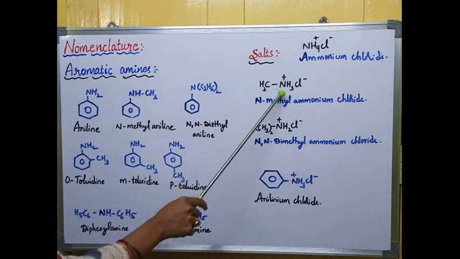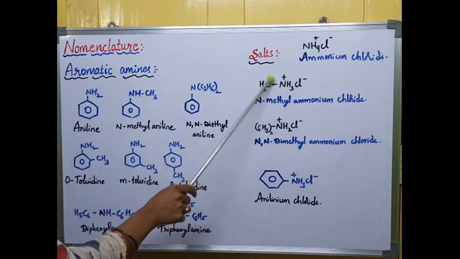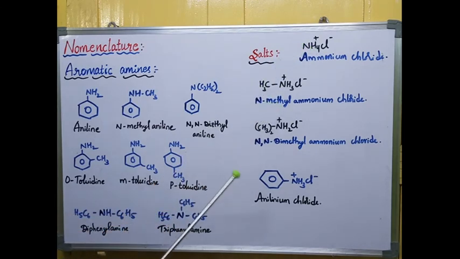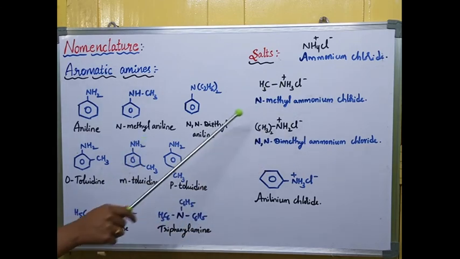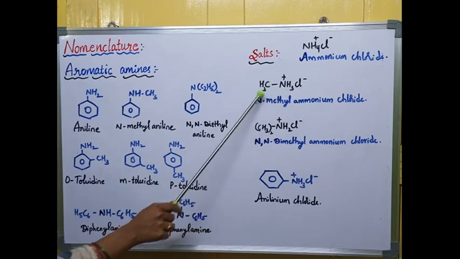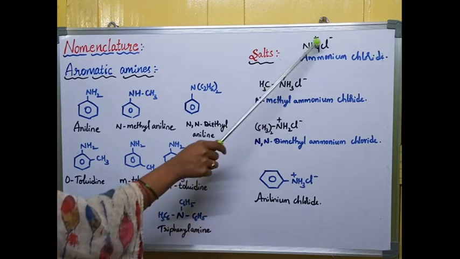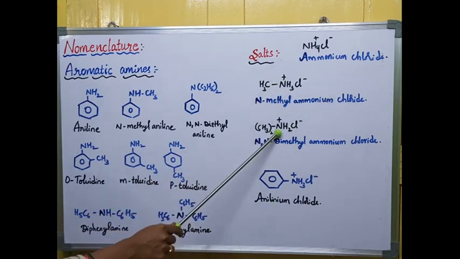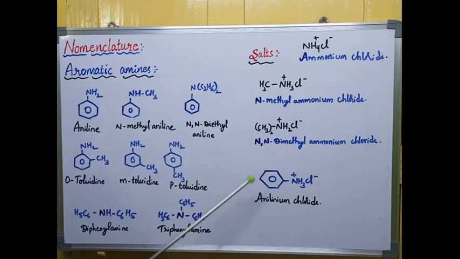If one hydrogen is replaced with an alkyl group, then we name it N-methyl ammonium chloride. To the N, CH3 is present, so N-methyl, and this is an ammonium chloride derivative. Next, one more hydrogen is replaced with one more methyl group, so N,N-dimethyl ammonium chloride.